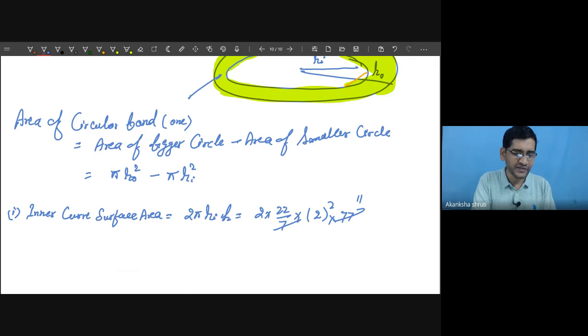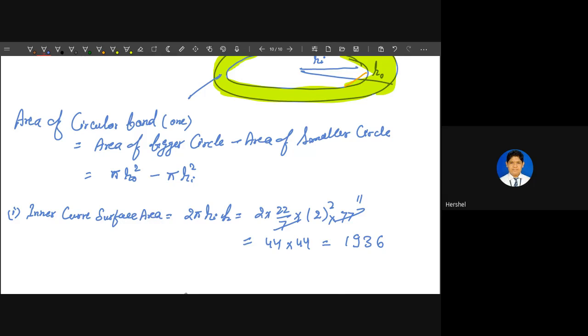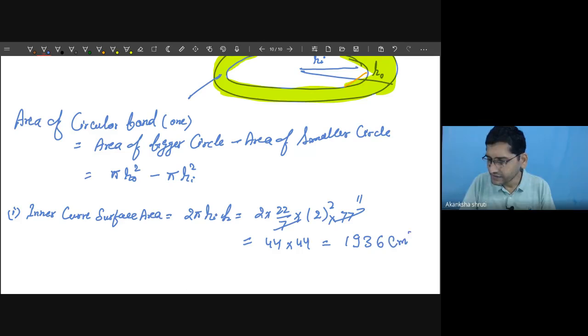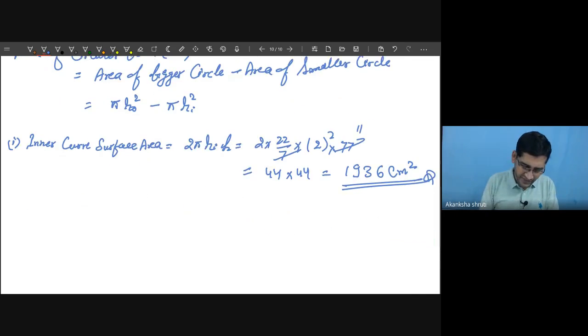So students, we need to calculate it. How much does it become? 2 into 22 becomes 44, into 2, 2 square, into 11, another 44. So just calculate it. 44 into 44, you will get the answer as 1936 centimeter square. It is this one. First one was this one.